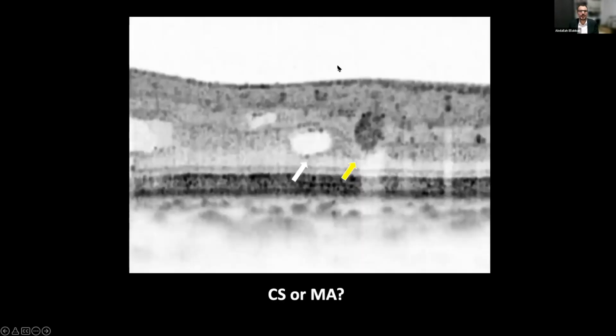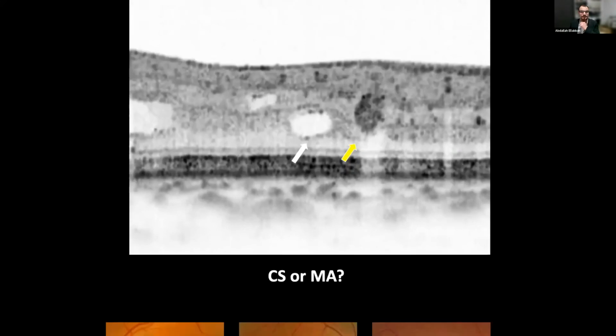That would be helpful when we look at scans for diabetic retinopathy or diabetic macular edema. So this is a cystoid space, but this is a microaneurysm, and differentiating between both of them will help us to quantify or tailor our treatment plan when we enroll these patients as PRN or treat and extend.